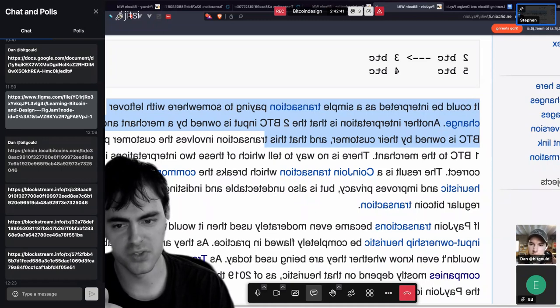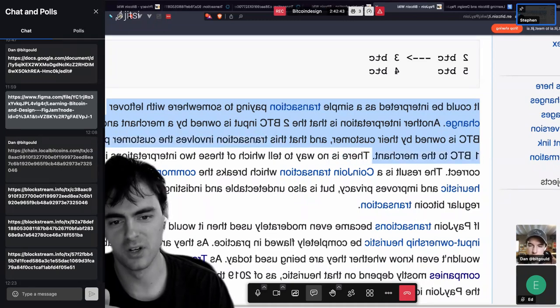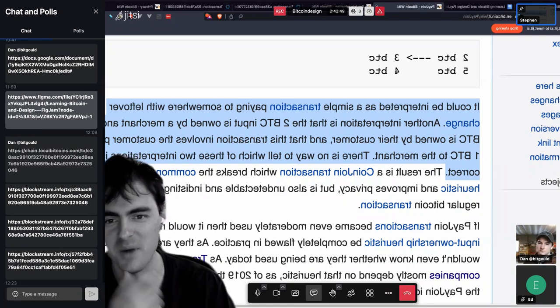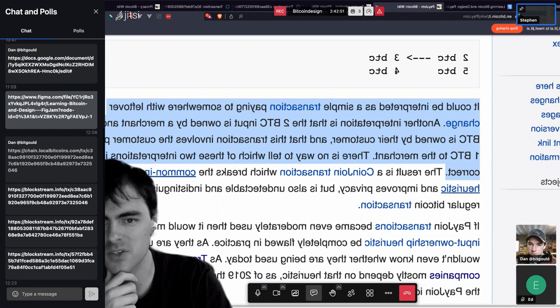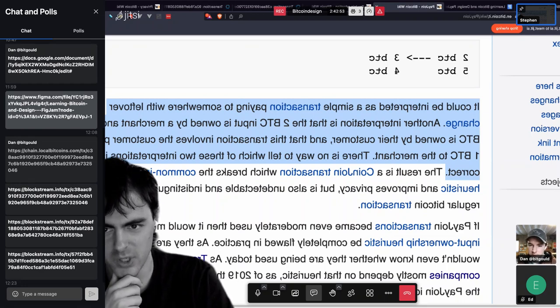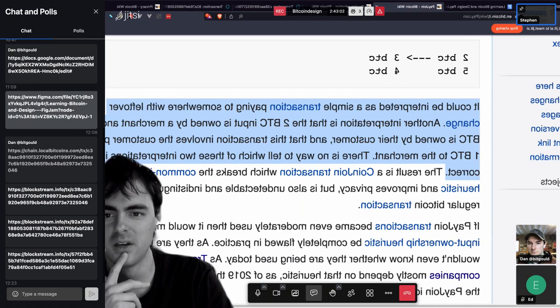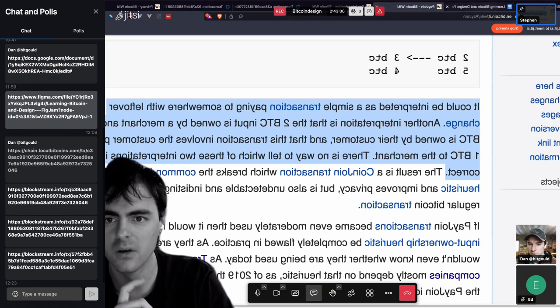This transaction involves the customer paying 1 Bitcoin to the merchant. There's no way of telling which of these two interpretations is correct. That's weird to think about, but I guess the math makes sense. Because if the merchant started with 2 Bitcoin, then they would end up with 3, and that would be like they got a 1 Bitcoin payment. So yeah, it makes sense, I think.